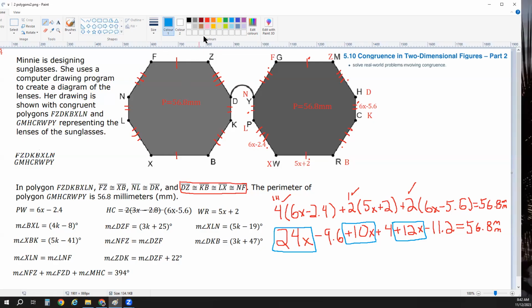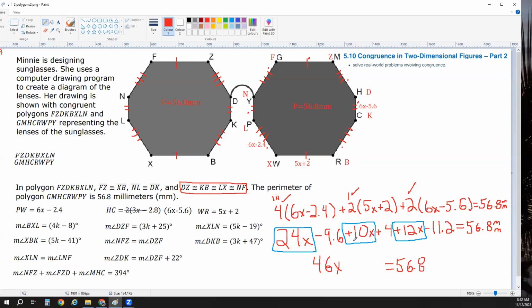Go back to red. Okay, I'll lock that in. And then this is all going to be equal to 56.8, by the way.